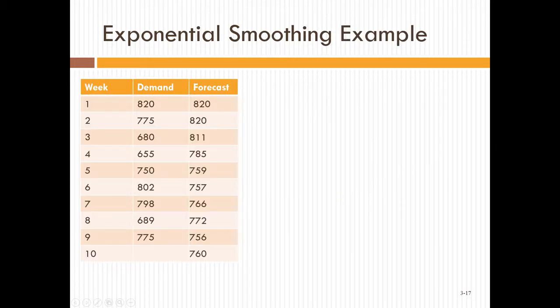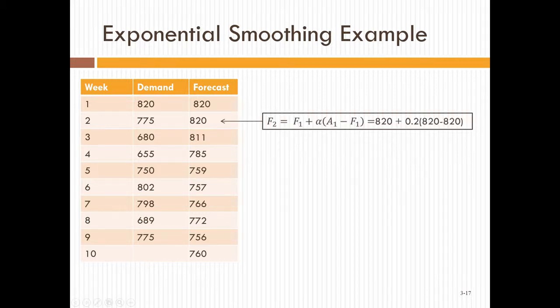Then they show us an example, and basically if we were going to try to forecast for time period 2, I'm going to say it's going to be my forecast from the previous time period, which was 820, plus my alpha, which we're going to use as 0.2, times the actual from that previous time period minus the forecast.